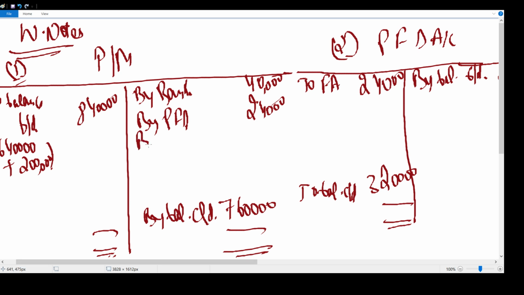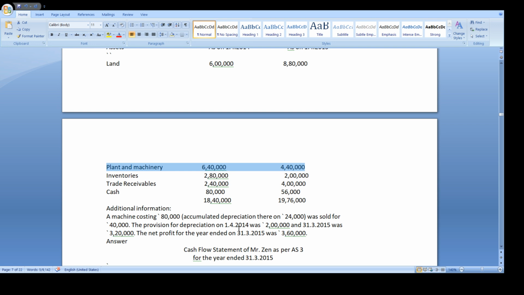Then, by profit and loss account, that is loss on sale. Loss on sale would be, as you can see on your screens, 80,000 was the cost minus 24,000 the equipment depreciation and was sold for 40,000.